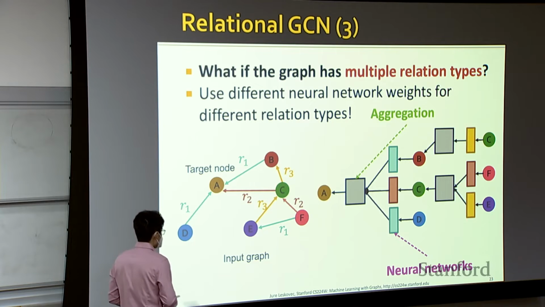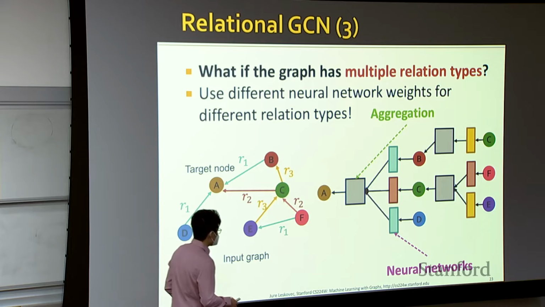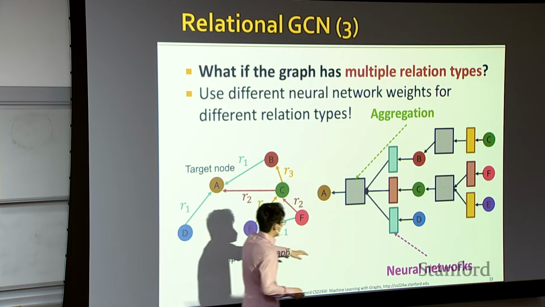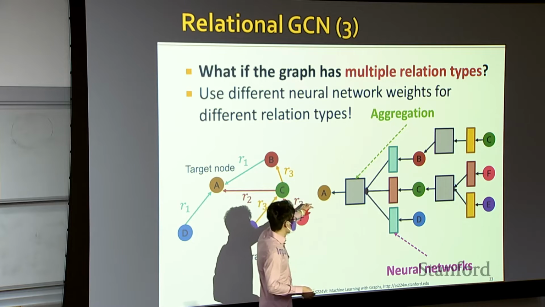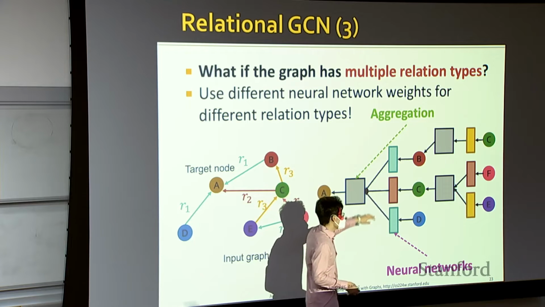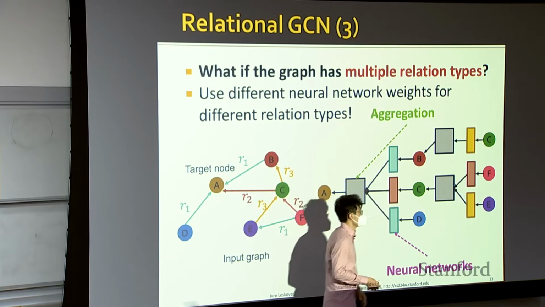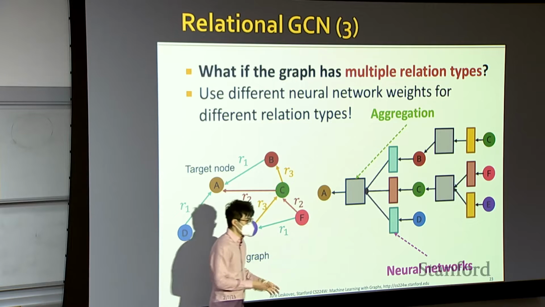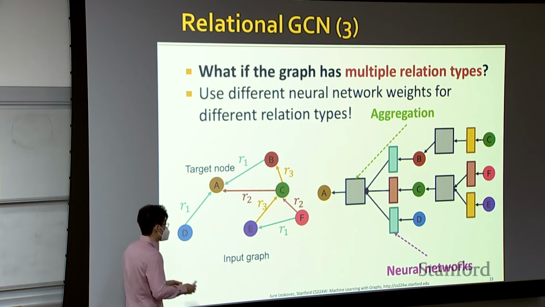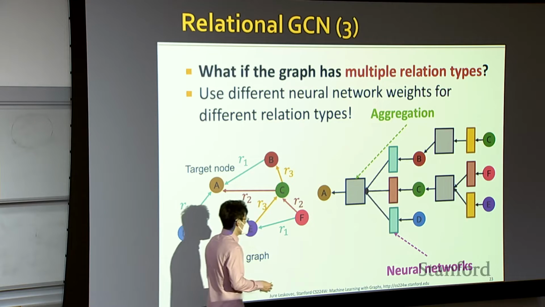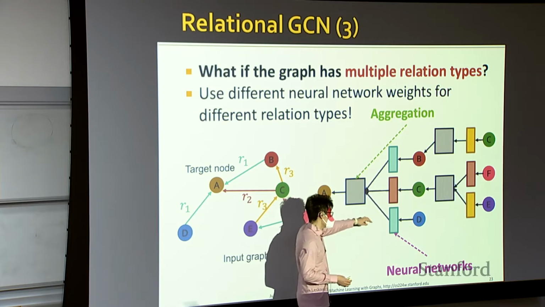So what does it mean in the computational graph? We have the same computational graph structure. Node A still has B, C, D as the neighbors. B has C as the neighbor. So the structure of the computational graph does not change at all. The only thing that has changed is the weights of the neural networks.